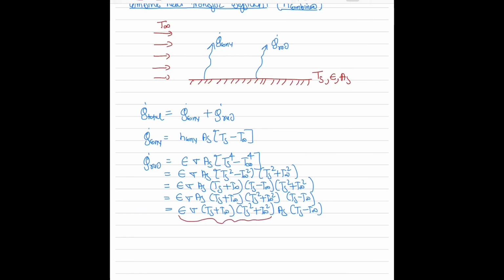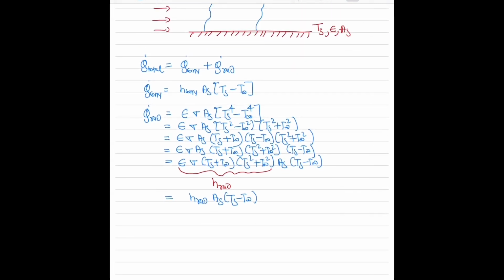In this case, this whole expression is denoted as h radiation. So we can write h radiation times surface area times (Ts minus T infinity).